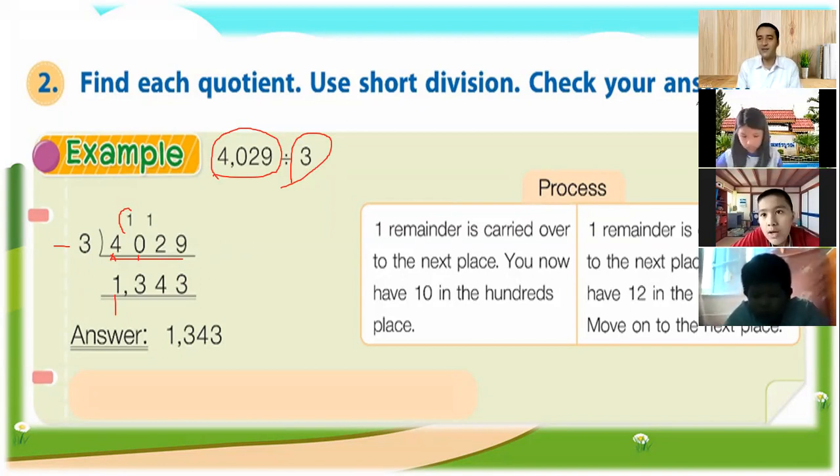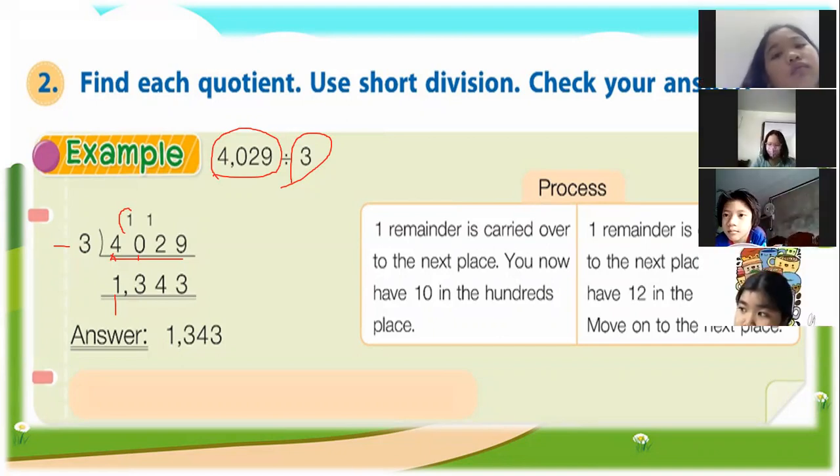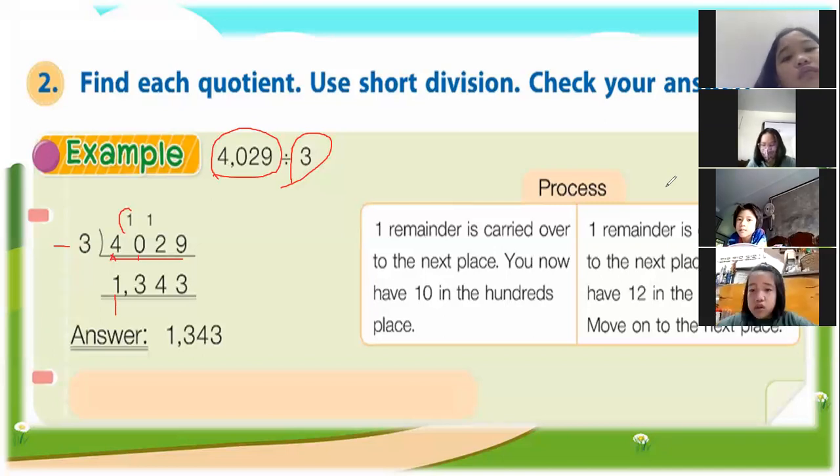Students, anyone can tell me? 3 multiplied by 1 is equal to 3. 3 multiplied by 2 is equal to 6. 3 multiplied by 3 is equal to 9. So 9 is close to 10. So 3 we are going to write here, and from 10 we subtract 9.